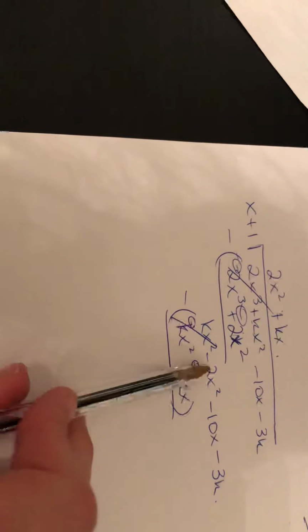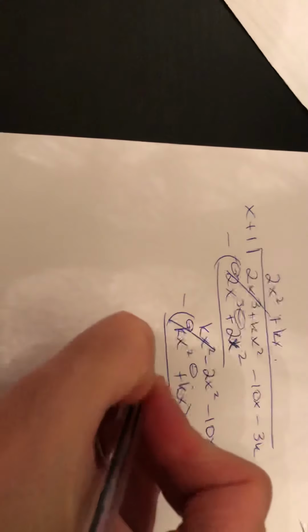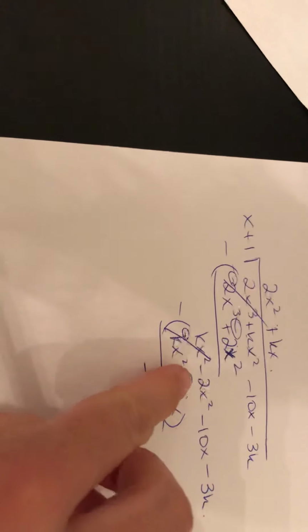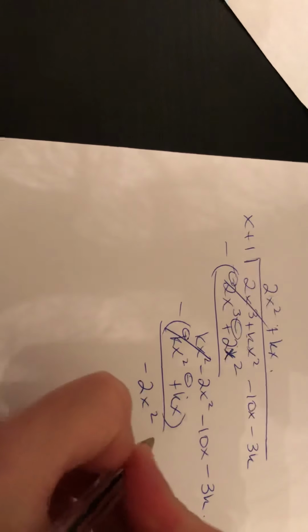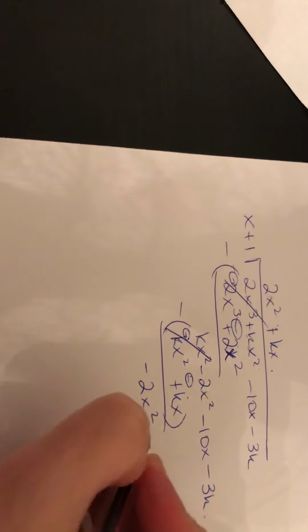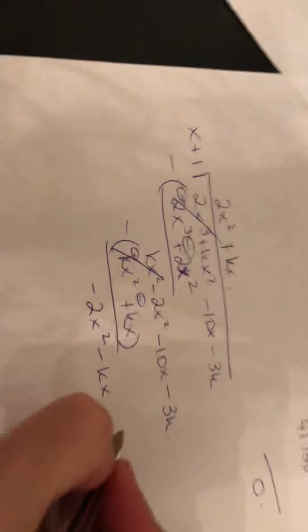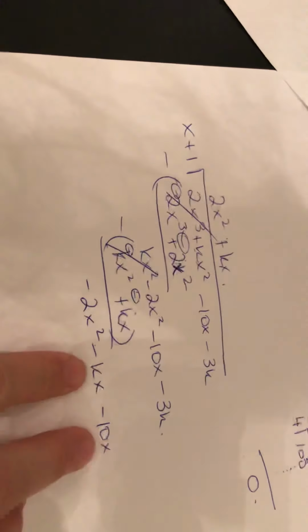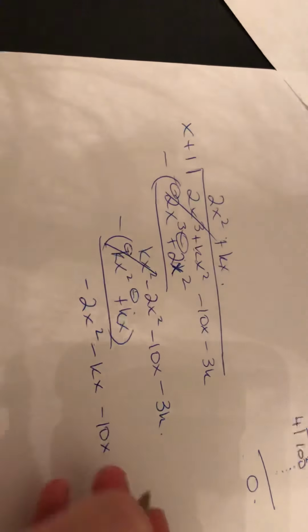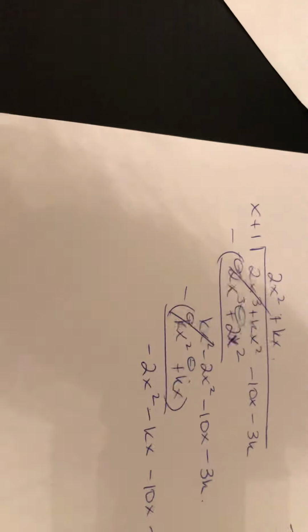I have a minus 2x squared minus a kx minus a 10x. Again, if I knew what k was, I'd subtract those, minus 3k. And I go again.